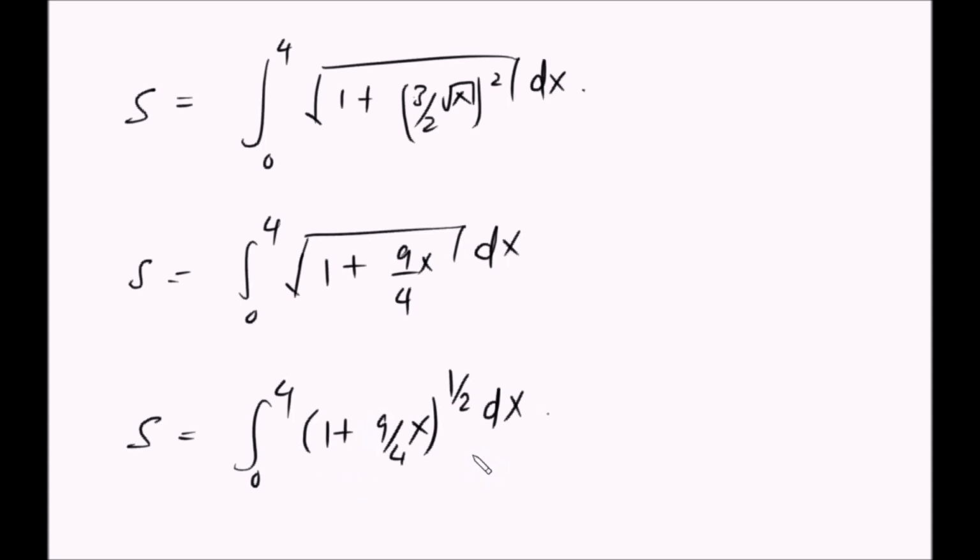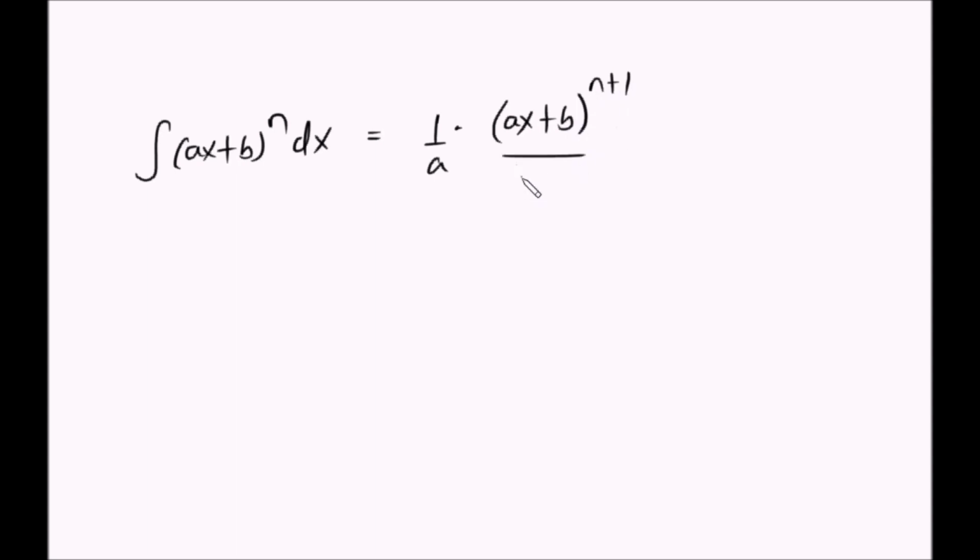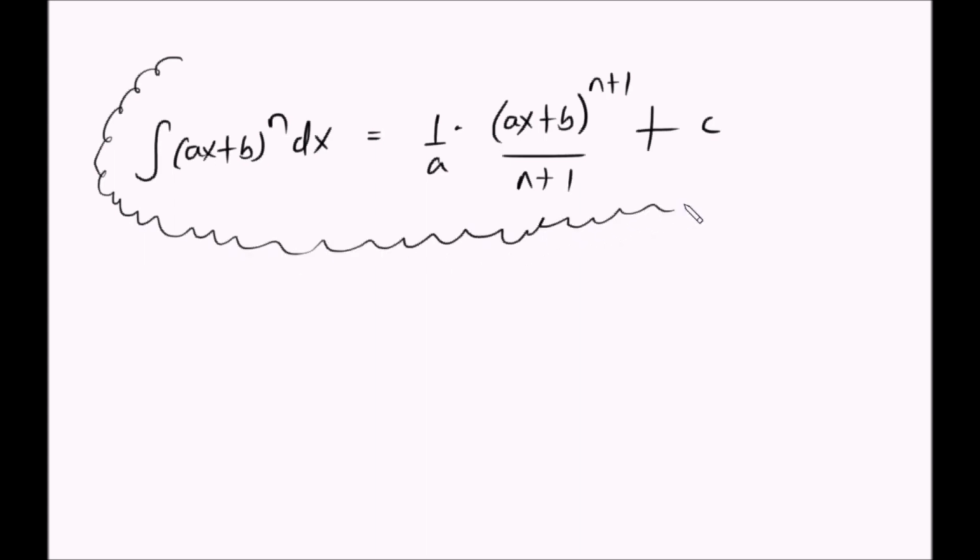Now remember in standard integrals we learned that if you integrate a linear function power n with respect to x, we have 1 over a times ax plus b power n plus 1 over n plus 1 plus c. Look at the tutorial called generalization of a list of standard integrals. You will meet this formula.